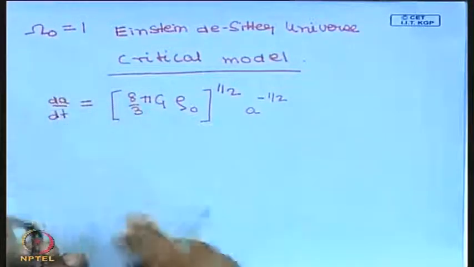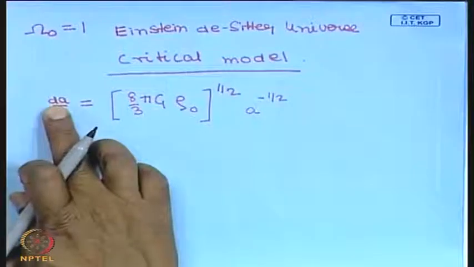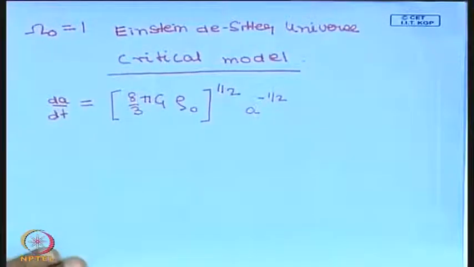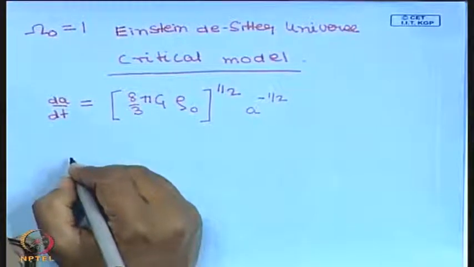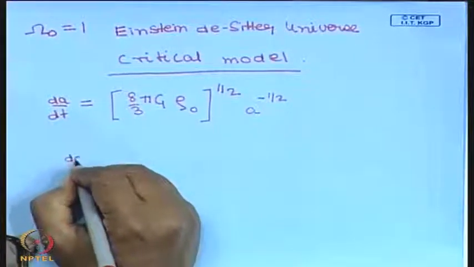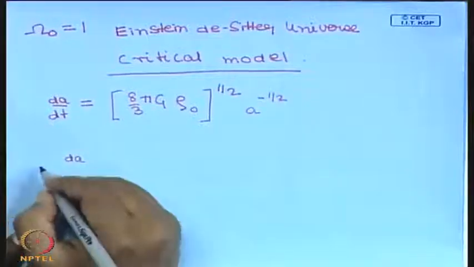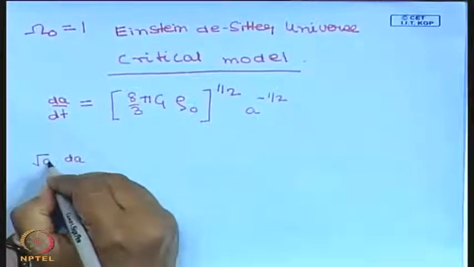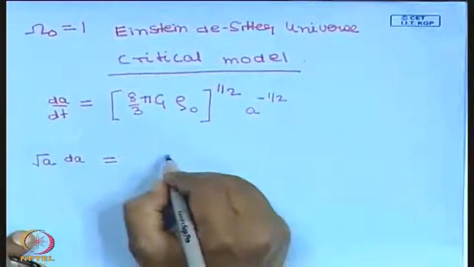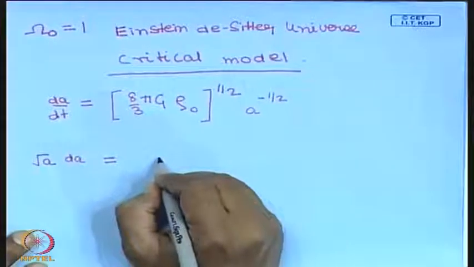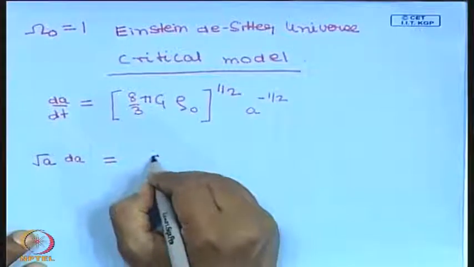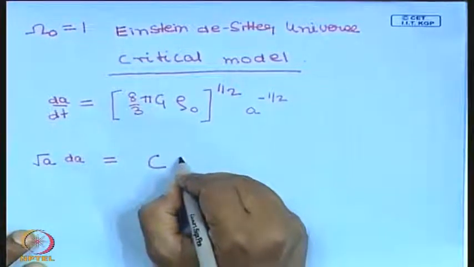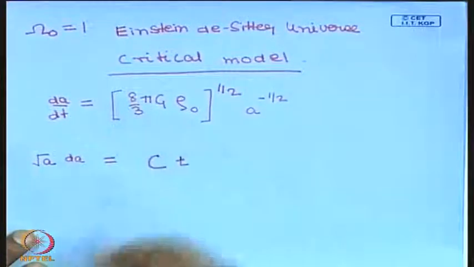What all that you have to do is take this onto the right hand side and integrate this. So what we have is that dA into square root of a is equal to some constant, let us give it a name, I will just call it C, into t.